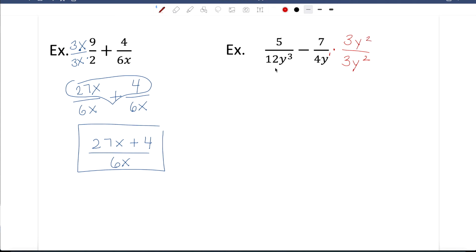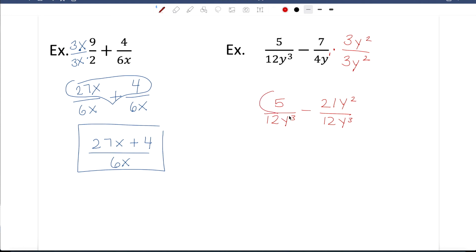Nothing happened here because by multiplying 4y by 3y squared, we already get the common denominator. So nothing really needs to be done with the first fraction. 7 times 3 is 21. This is the only variable, so you just leave it alone. It's asking us to subtract.